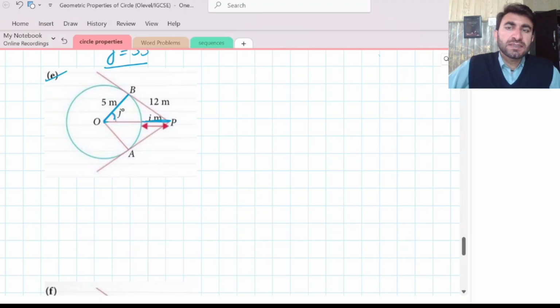So we can say that the side over here is also 5 meters, and this is a right triangle, being the angle between a radial segment and a tangent.